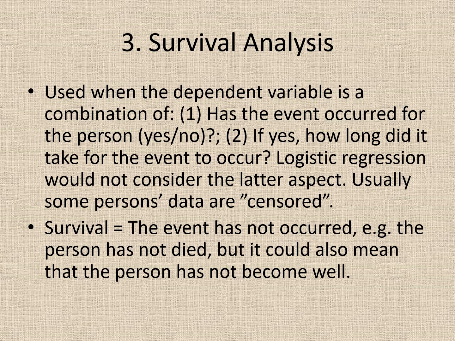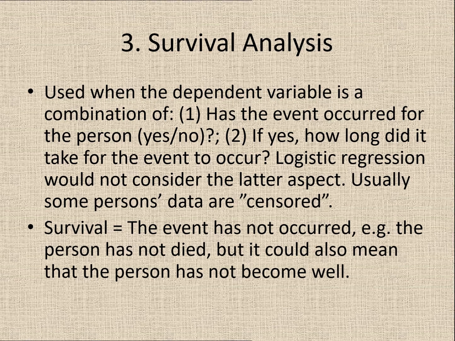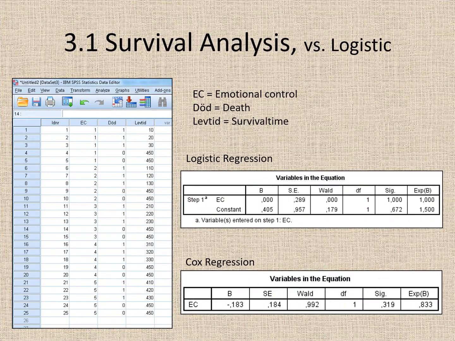So let's have a small example here. We have 25 individuals. They have differing values on emotional control here. Okay, and then during a follow-up period, they either die with the 1 here, or they survive with the 0.